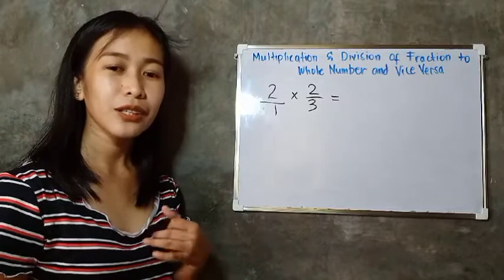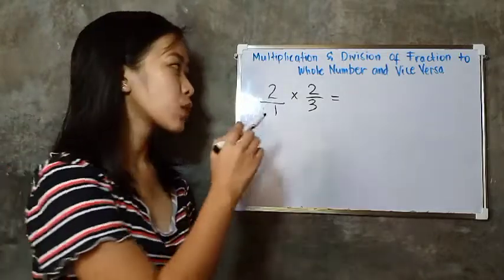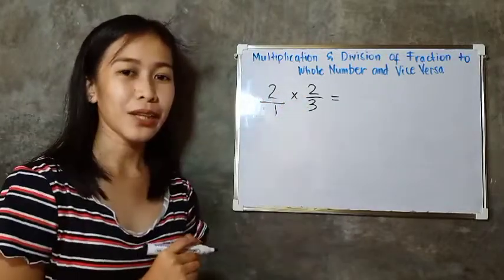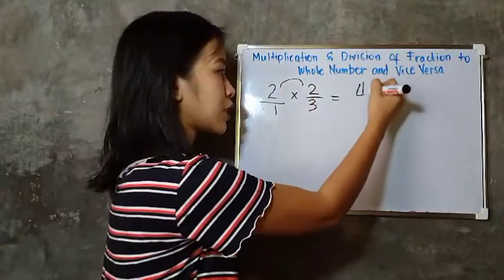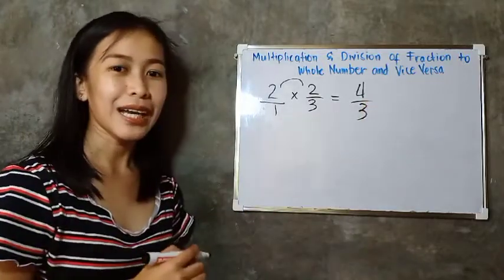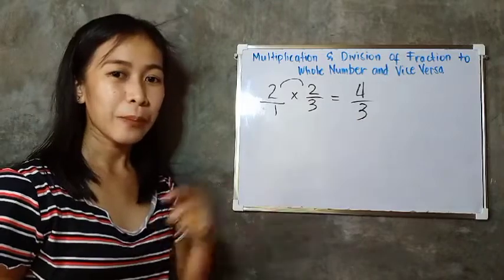Ganun lang kasimple. And then, you are just going to do the process of multiplication. Just multiply numerator to numerator, denominator to denominator. Okay? And we have 2 times 2 is of course 4 over 1 times 3 is 3. Ayan. Yan na yung sagot natin. Pero as you can see, siya ay nasa improper fraction.